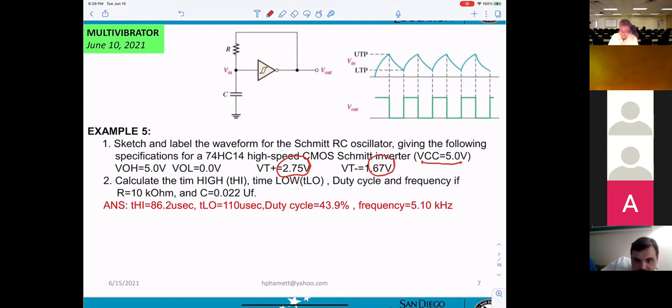Okay, now what happens when you just turn on the power? Then this will be 0, capacitor shorted to the ground. So that's why 0. Output logic 1, it will be 5 volt. And then the capacitor will be charging.